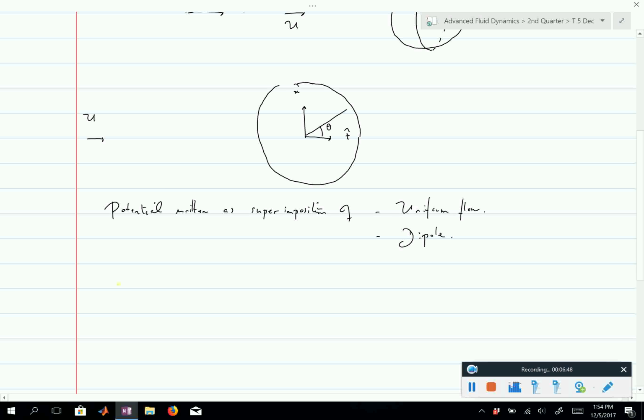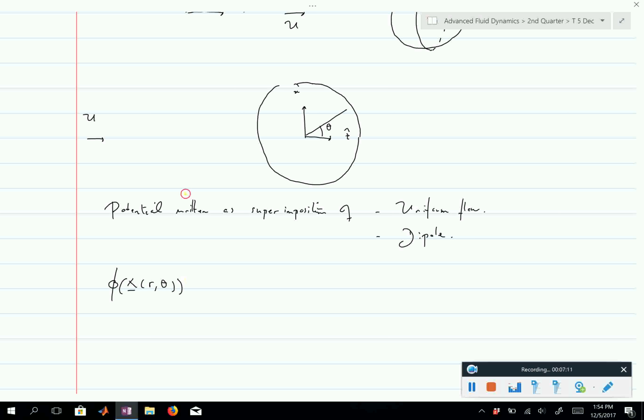So we'll write our potential, phi. This is our velocity potential at any point x. Now note that the point x is going to be determined by the distance to the origin and by the angle from the z axis. So it's no longer x and y, and we're really looking in spherical coordinates.